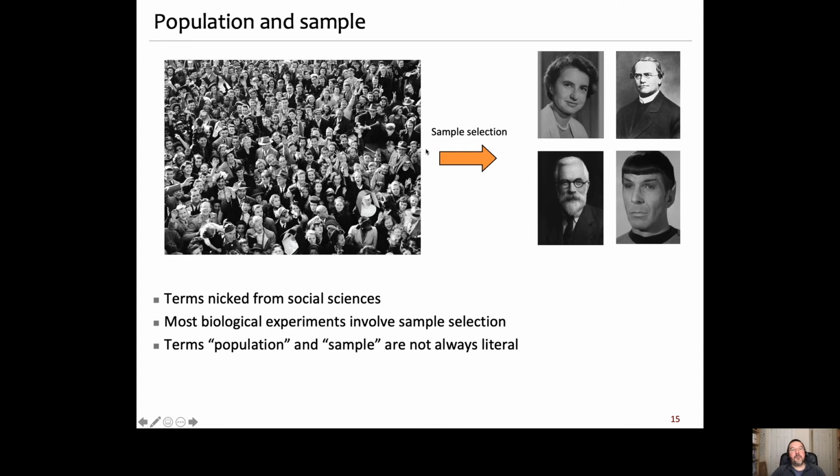And from this population, you make a selection. You have a sample, which is just a few individuals out of the entire population. In biological experiments, you usually have a sample of something, but the terms population and sample are not always literal. Population can be quite an abstract term.